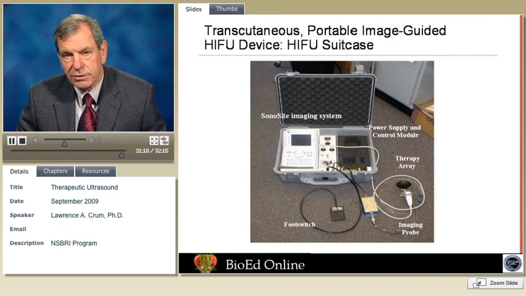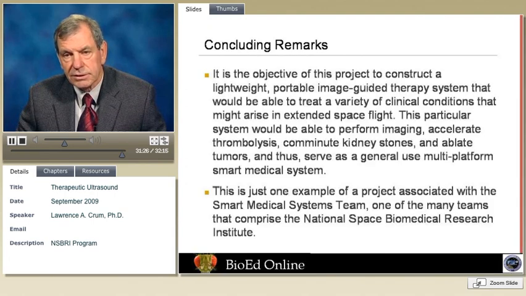Probably still too large to take to the moon because of the weight restrictions, but probably not so large that we couldn't take a system like that to Mars. This system could be used to treat tumors, metastatic tumors, and there is an enormous radiation load in going to Mars. It could treat bleeding. Instead of treating a spot like a tumor, if there were a bleeding vessel, we could stop the bleeding. It could break up kidney stones.